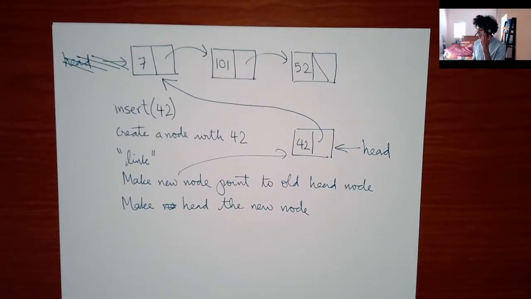Okay? Professor, I have a question. Yes. Does that mean, just imagining this conceptually, that now the head is like at position 0 and 7 is not pushed to position 1? Yes, exactly. You can think of it that way. Although it's useful not to think of them in terms of position 0 and 1 because you're not really indexing as an array.